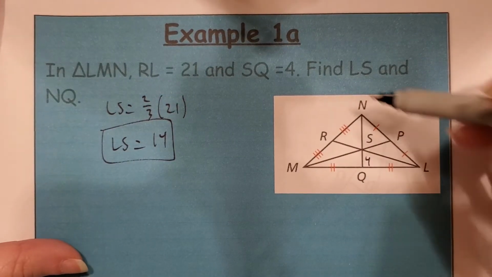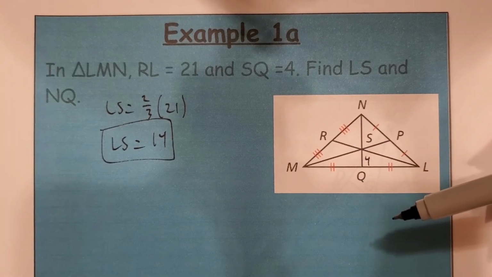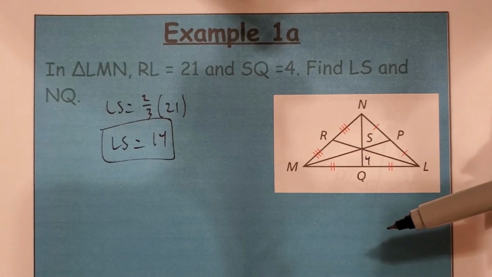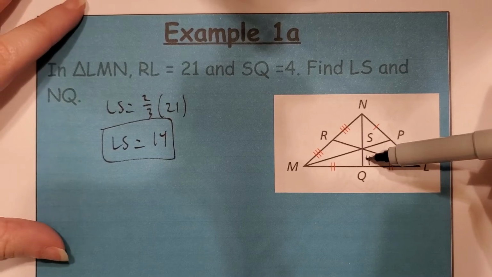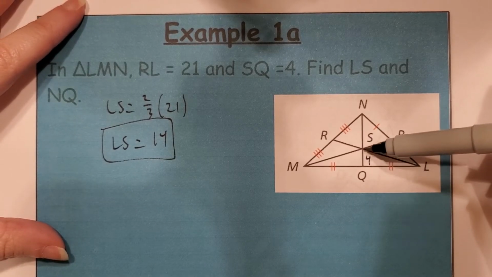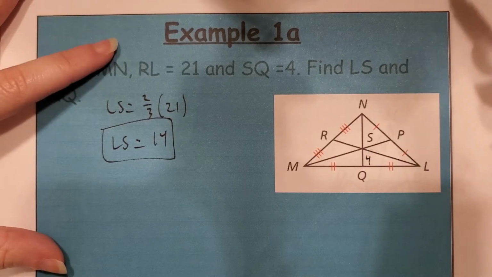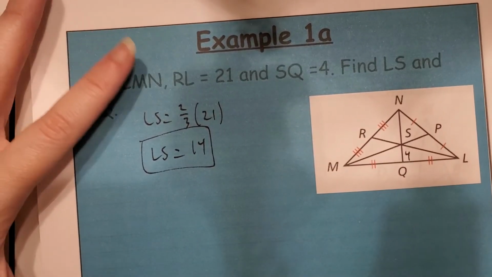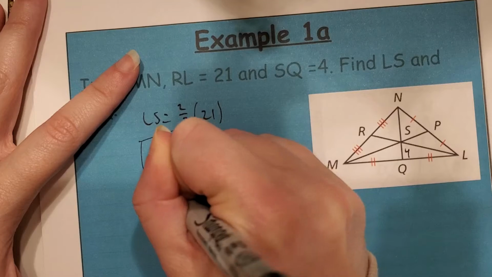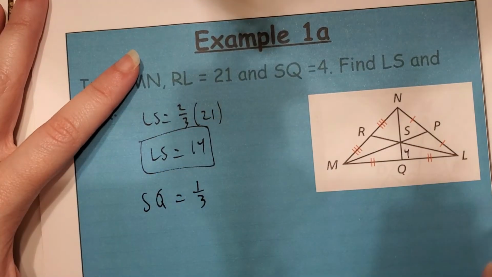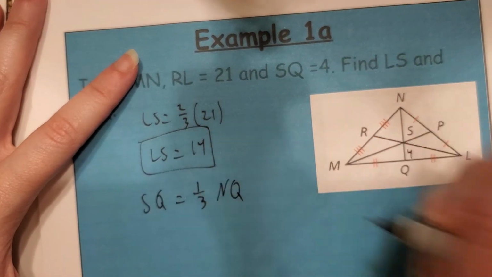Finding NQ is different because you're looking for the entire length of the median, and you're given this piece. Because SQ goes from the centroid to the actual side, this is the 1/3 piece. So I'm going to write this whole setup down. SQ, we know, is 1/3 of the entire median, which is NQ.